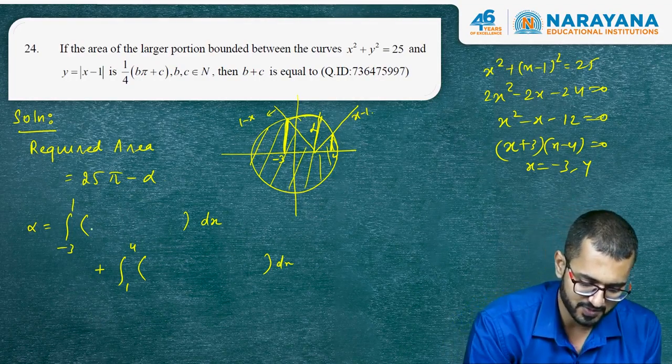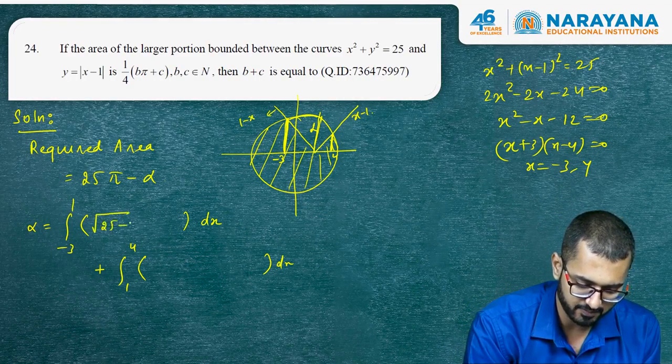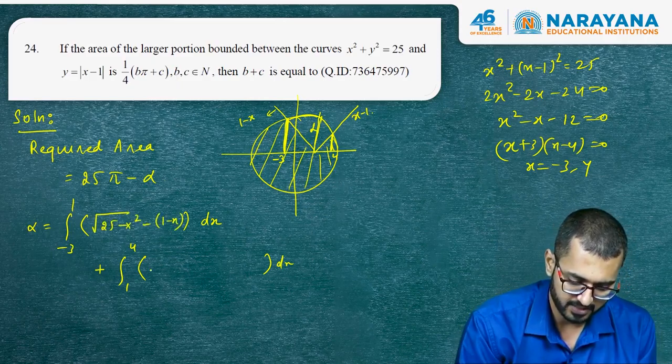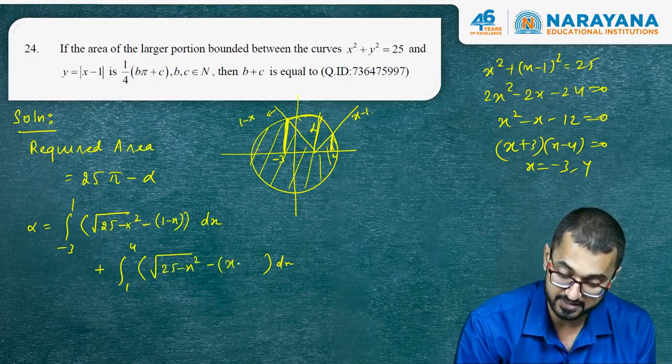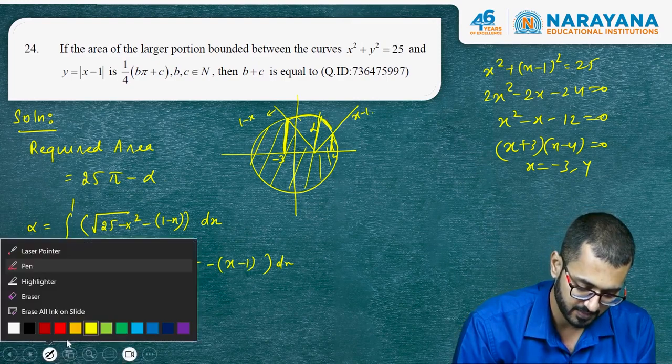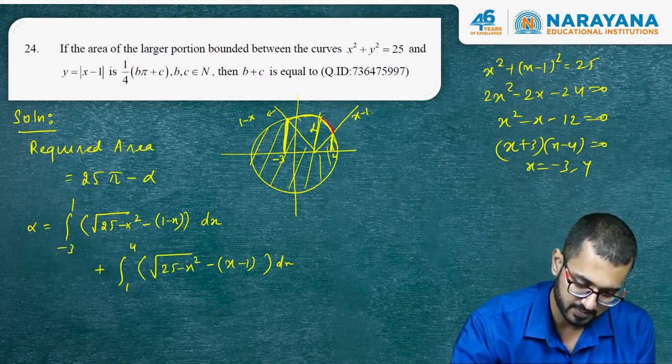So the upper curve is going to be the circle, which is root of 25 minus x square, minus the lower curve 1 minus x, and here the upper curve is again the circle, 25 minus x square, but the lower curve is x minus 1 this time. The upper curve is the circle in this region, and the lower curve is my line.